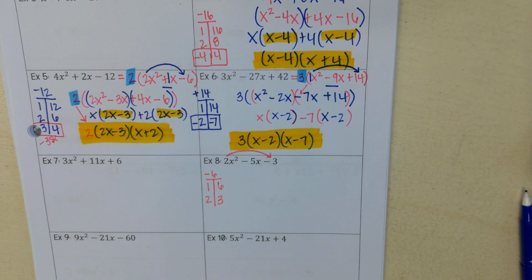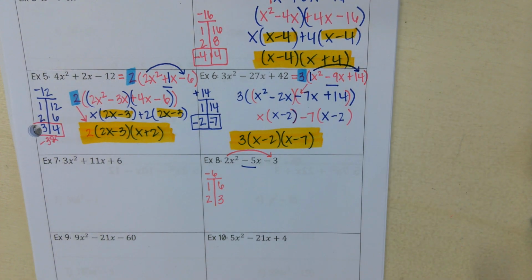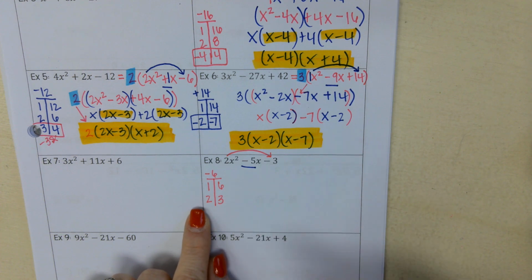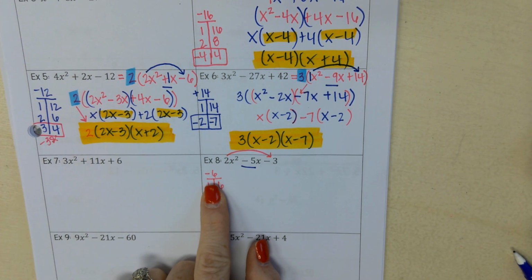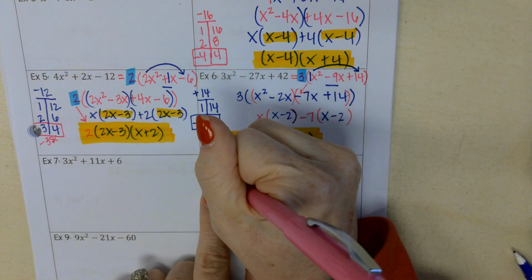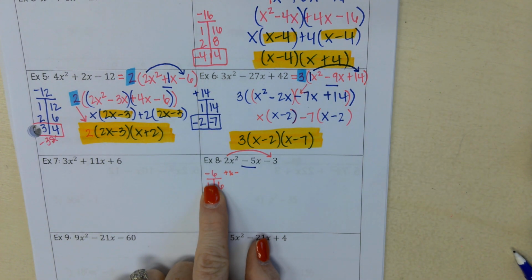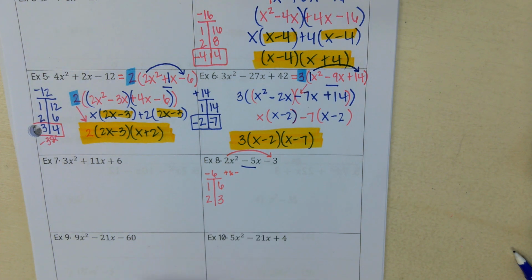But do you see how I could get a negative 5? Both negatives on the paper. Yeah, I could get a 5 out of both a 1 and a 6 and a 2 and a 3, okay? But they have to multiply to give me a negative 6, so I have to have a positive and a negative, okay? And they have to add to give me negative 5.